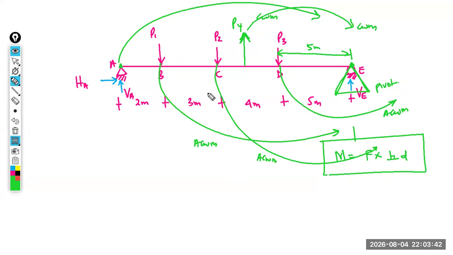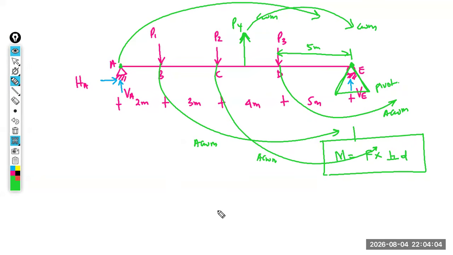You get it? Very, very simple. And always remember that the moment is force times distance, not distance times force. Okay. I believe that with these little illustrations, you are able to understand how to determine whether this is clockwise moment or this is anti-clockwise moment.